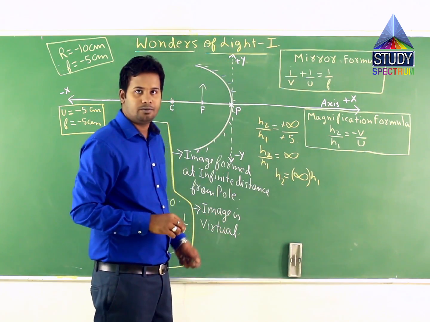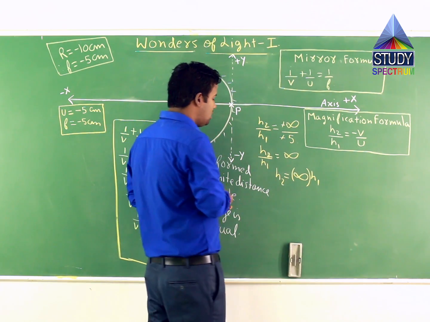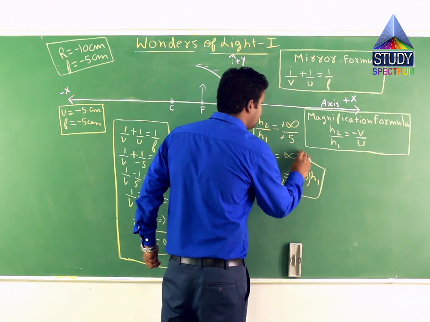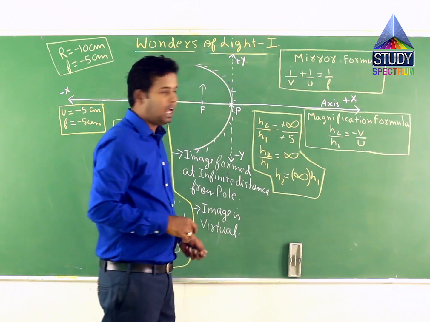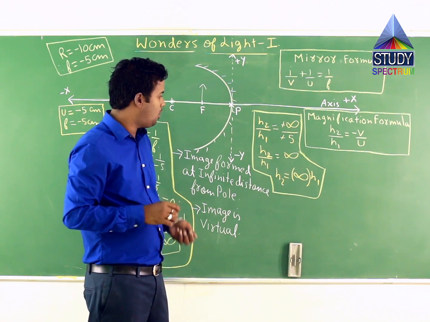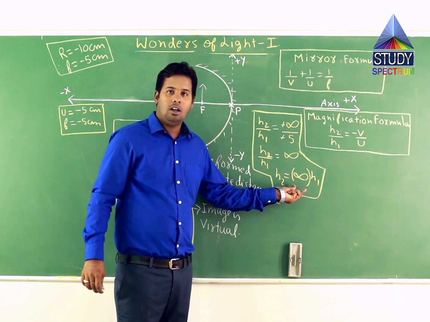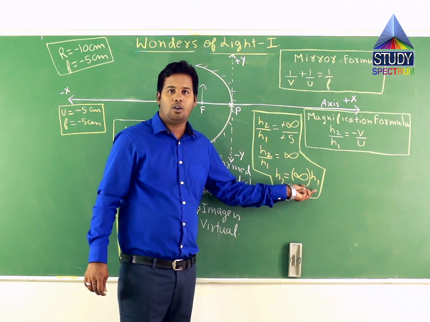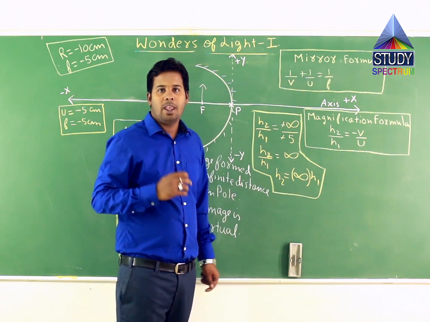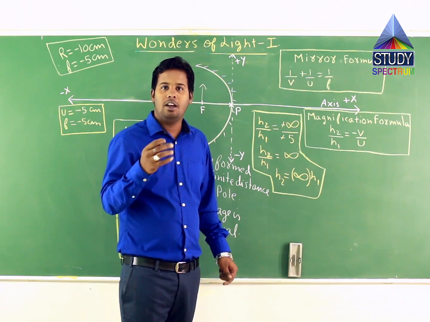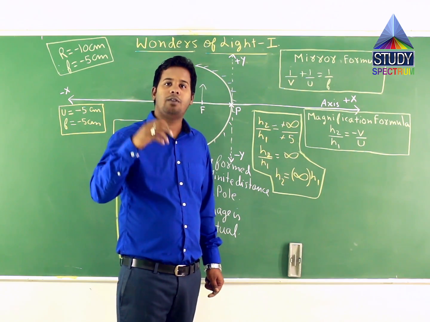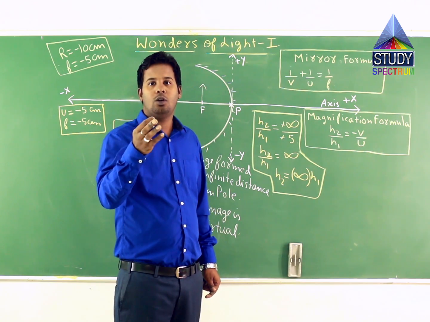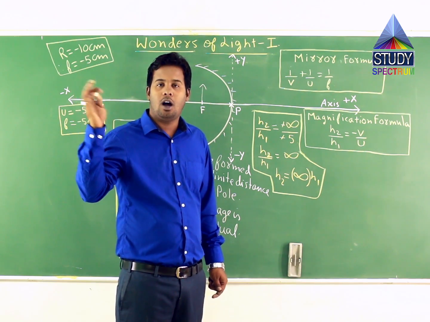Infinite times H1. Okay. Now let us see what are the two results from this calculation of magnification formula. Now if you see here, this H2 is a very large number into height of object. Now if I have 100 rupees, the same example, and you have infinite times what money I have, the output will be you are having infinite amount of money.